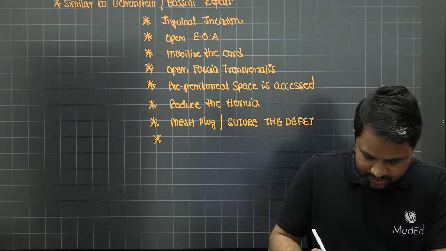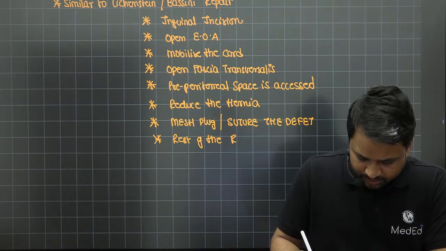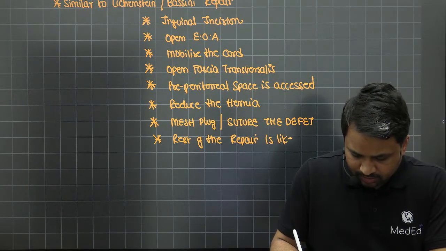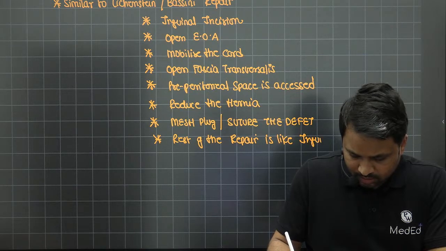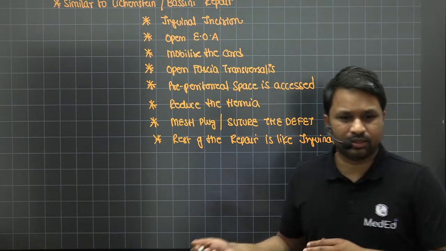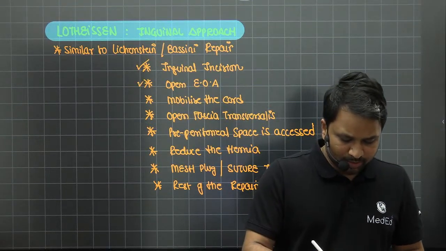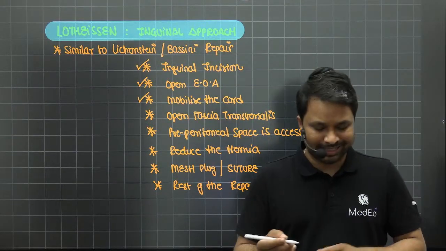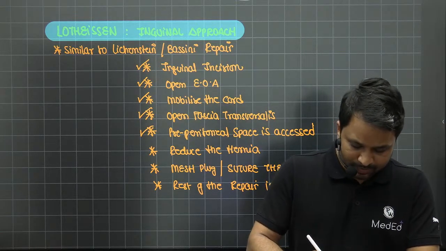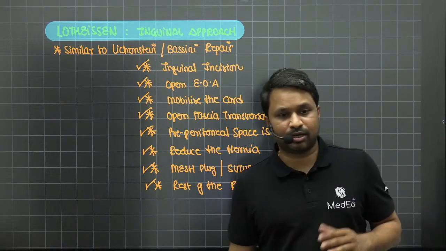And the rest of the repair is like an inguinal hernia. I've written all these steps. Let's understand what this is. So you're saying an inguinal incision is there, opening the external oblique aponeurosis, mobilizing the cord, opening the fascia transversalis, then accessing the pre-peritoneal space, reducing the hernia, put a mesh plug, suture, and then repair the rest of it.